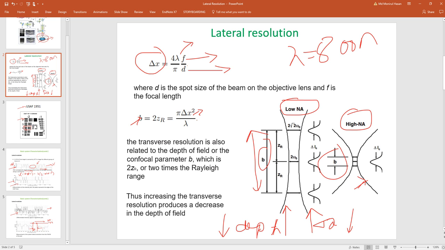If you want to image at a high depth, like 2 millimeter or 3 millimeter, then our lateral resolution will be low. If you want to image a small depth by increasing the numerical aperture of the objective, then our depth of image will be low. So thanks.